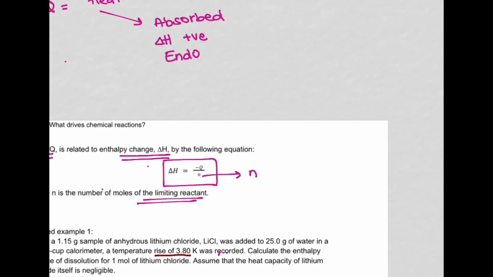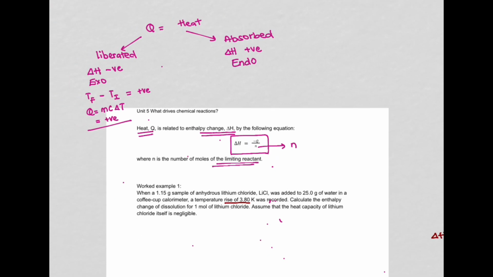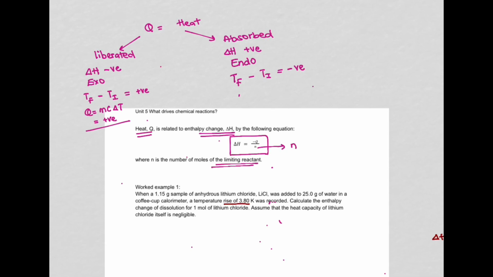But for an endothermic reaction, final temperature is less than initial temperature because the substance will cool down. So energy is absorbed, so temperature will decrease. So final minus initial will be negative. So Q equal to mc delta T will give you a negative value.